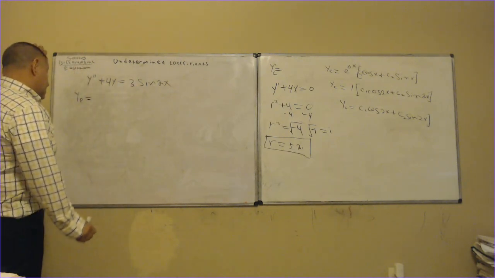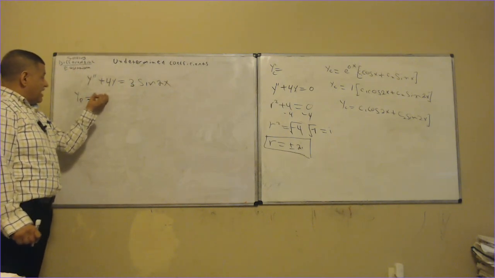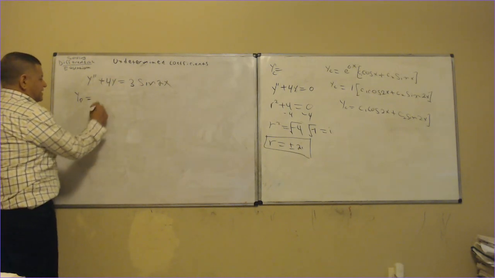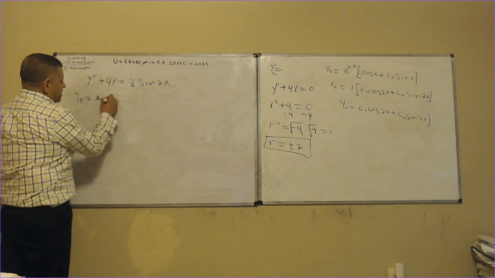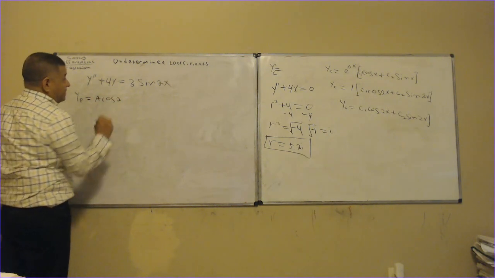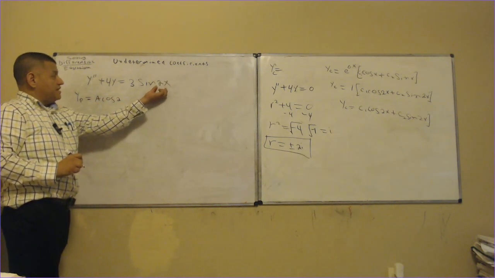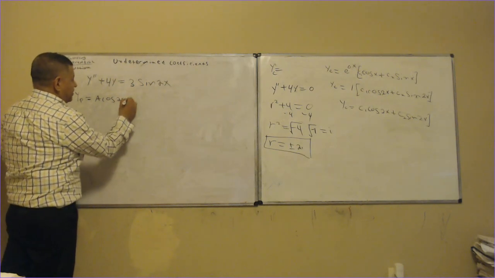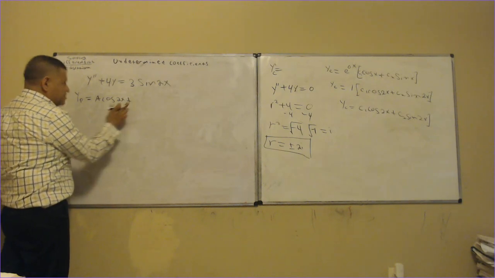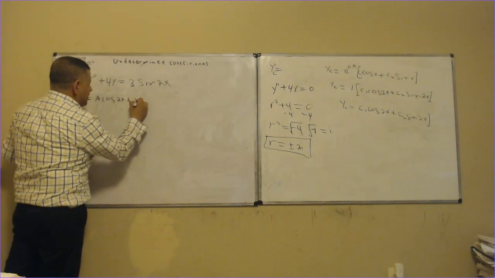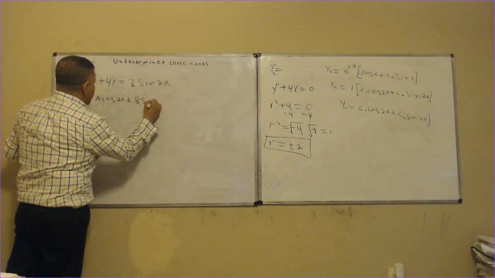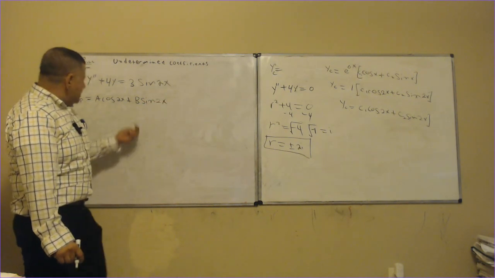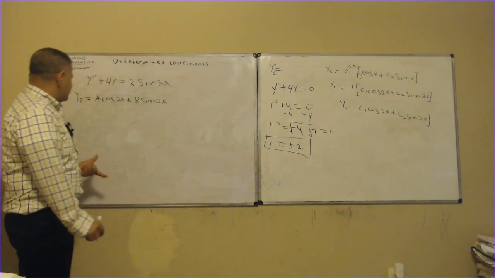I'm not going to worry about the coefficient right now. What I will do is put it in the format of a cosine, and I will copy the argument over here: A cosine of 2x plus B sine of 2x. Okay, so now we have something here.